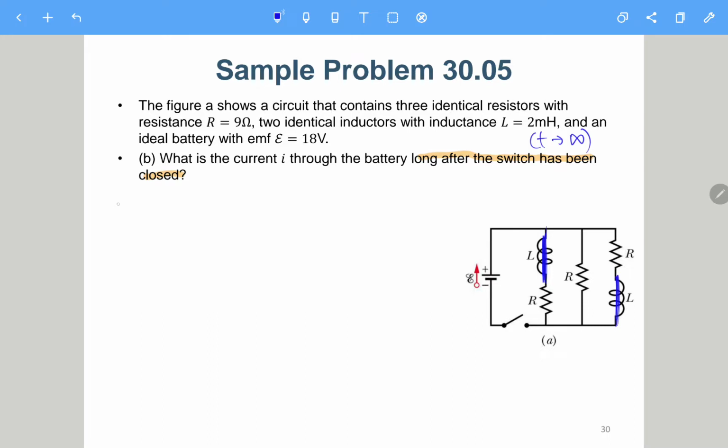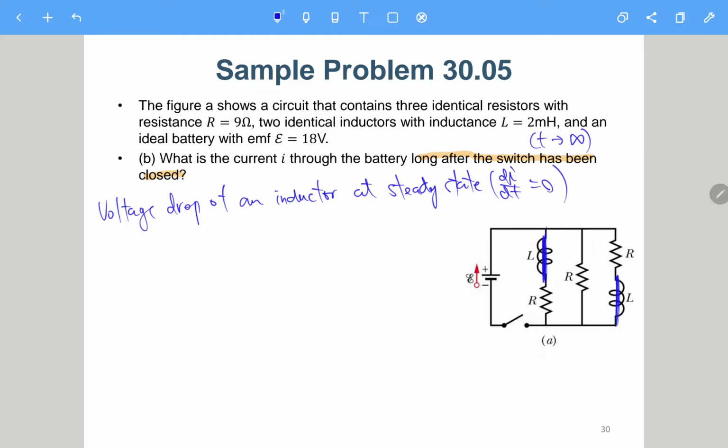So here, the point is the voltage drop of an inductor at steady state, which means that dI/dt is zero. So there will be no voltage drop, so you can just regard it as a short circuit. And in this case, we can see that these are 3 resistors in parallel.